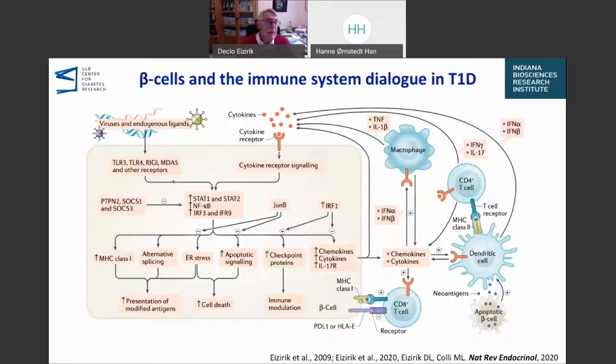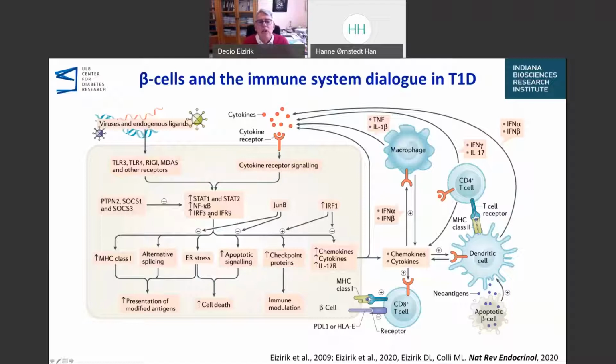It may be, again, a viral infection, and pancreatic beta cells have a quite well-defined gene network to recognize and to respond to viral infections. It can be a non-specific inflammatory trigger, leading to cytokine production and cytokine receptor signaling.